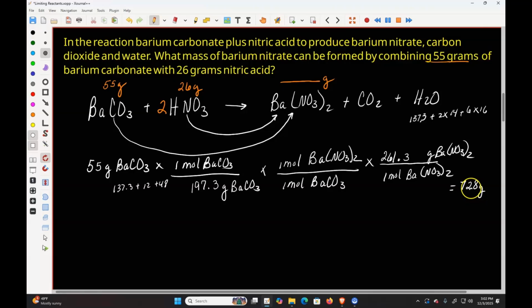Okay, let's do the same thing with the nitric acid. So I have 26 grams. Convert that into moles. Okay, hydrogen's 1, nitrogen's 14, plus 48, that's 63 grams.